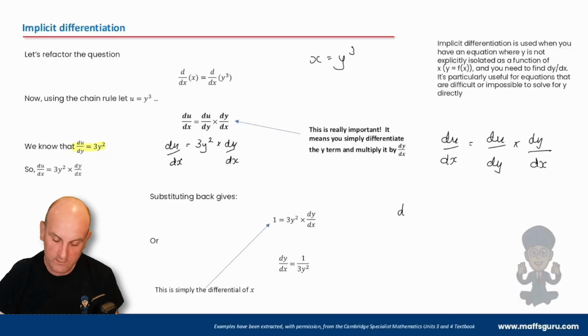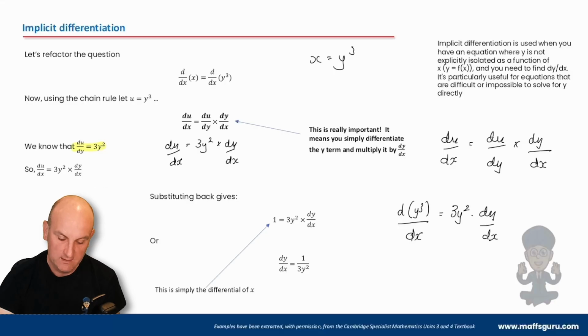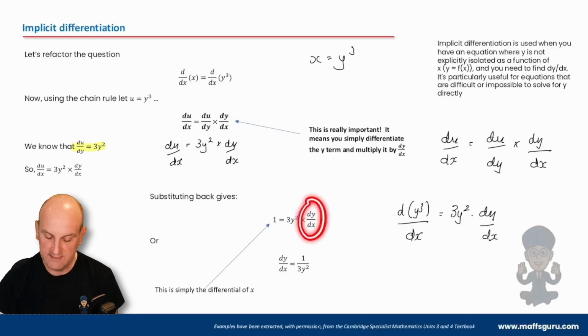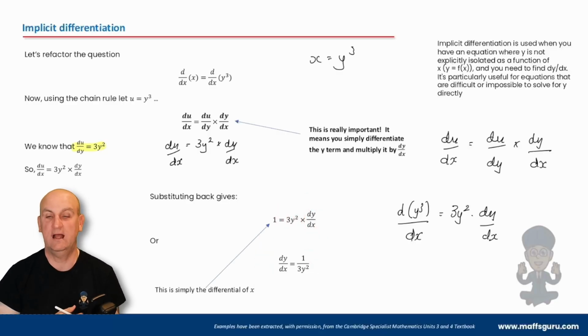If we write it out the long way, the d of y cubed with respect to x is now 3y squared times dy by dx. So where I see d y cubed by dx, I can write that as 3y squared times dy by dx, which again, all I've done is substituted it into here. Well, if I want dy by dx, then I divide both sides by 3y squared, and there we go.